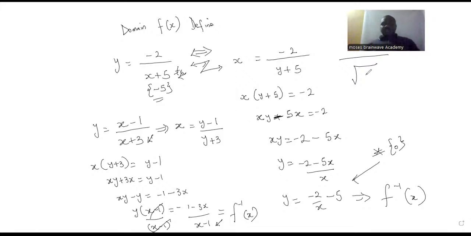We can have 0 under the radical, but it cannot be negative. If it is negative, we have gone to what we have discussed in this video, the complex number, right? So when you're talking about the domain and you find out you have a square root sign in the denominator, the value over here should be greater than or equal to 0, right?